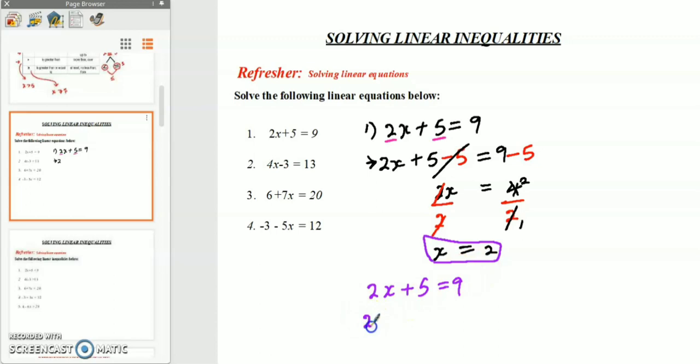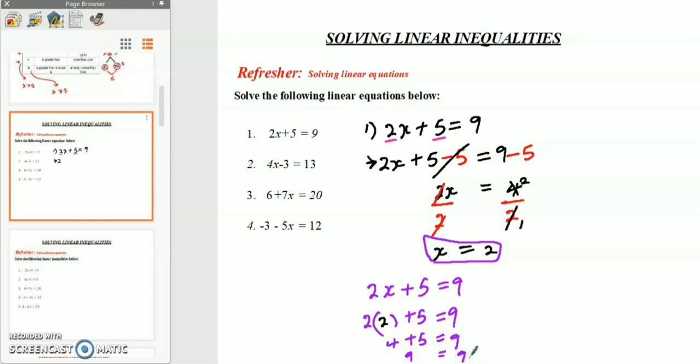Our value of x is 2, so let's put back 2 right here and see what happens. Plus 5 equals 9, right? 2 times 2 is 4, plus 5 equals 9. 4 plus 5 is 9, and 9 equals 9, which is a true mathematical statement.